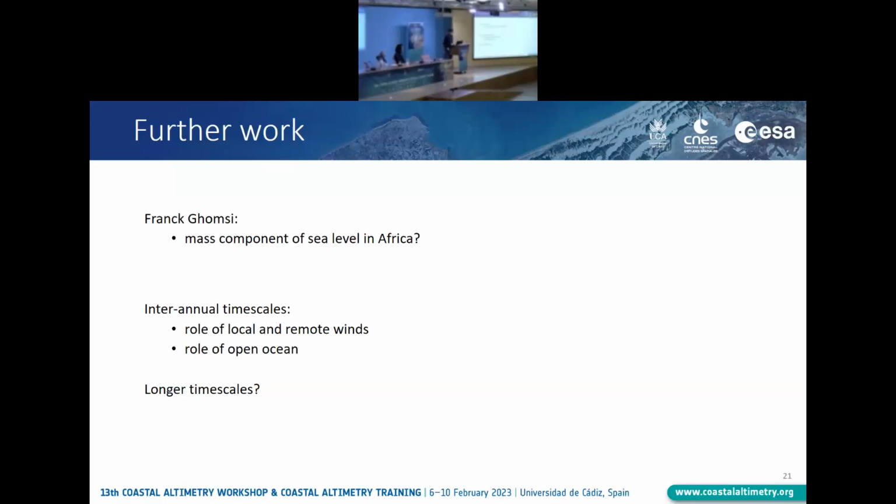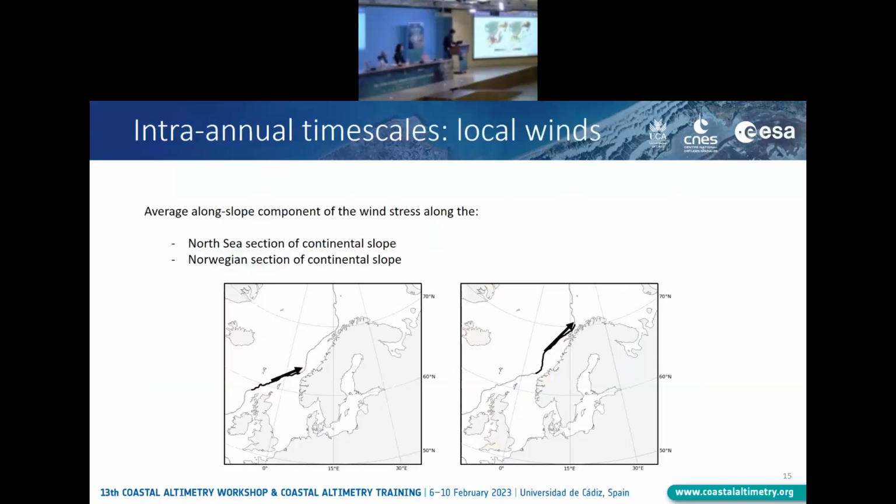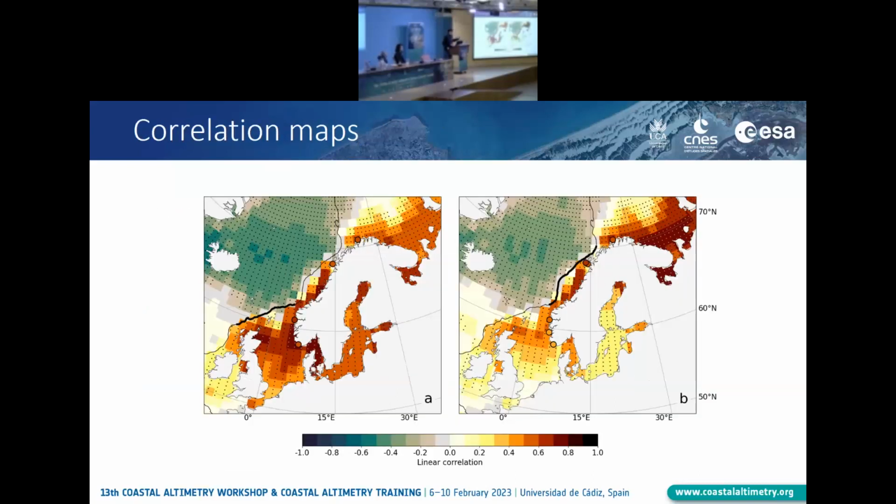Okay, yeah. And the other question is, when you show the correlation map, I was wondering how you obtained that map. Are you correlating the coastal sea level with the map of the wind, or are you just assuming that the sea level height at the hydrographic station will be the same all around that area? No, at each grid point.